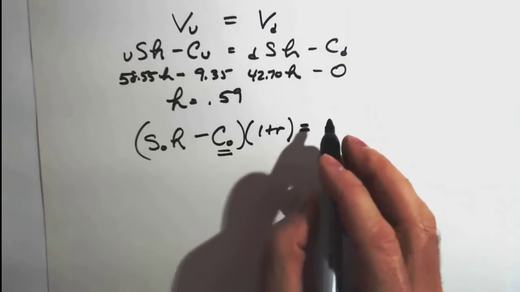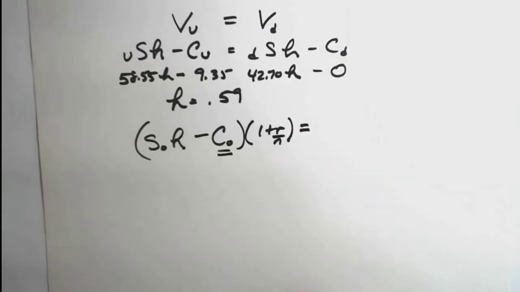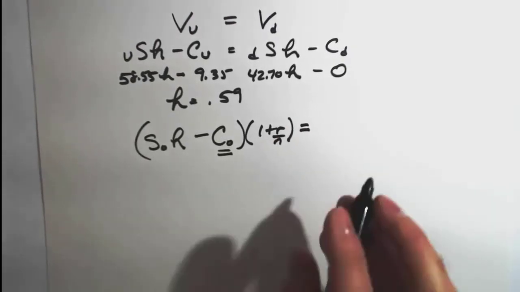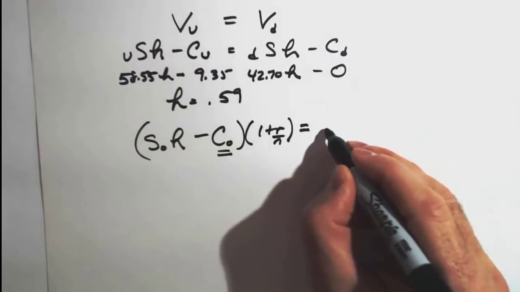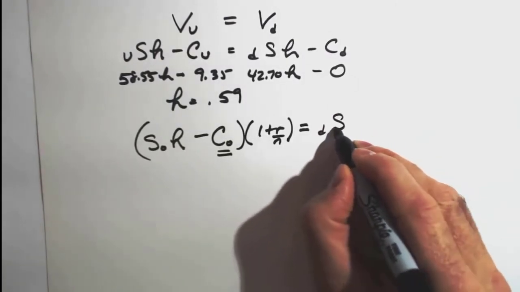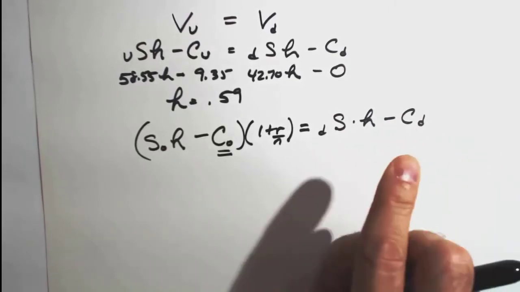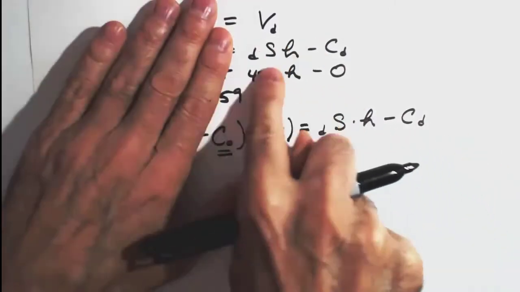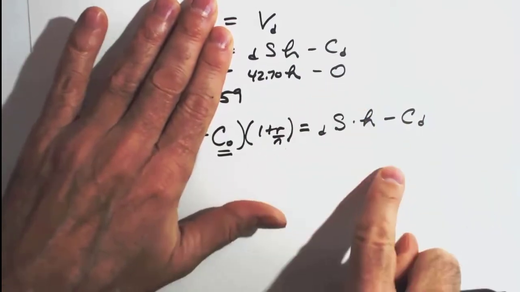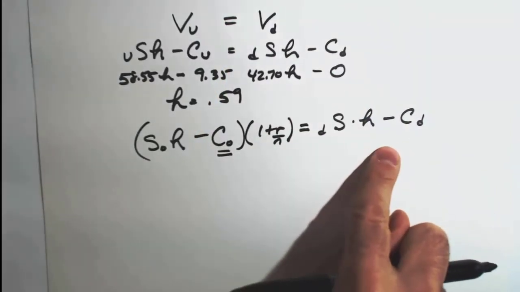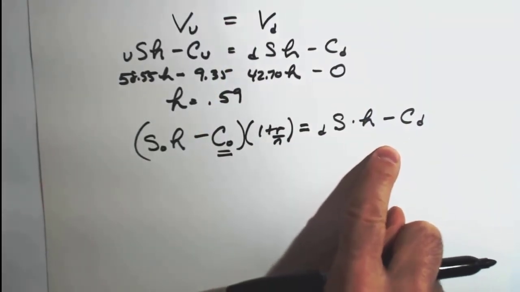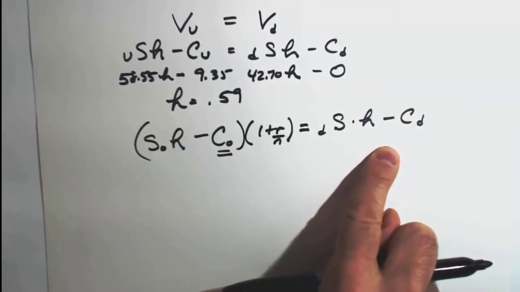And that, divided by n, don't forget, the risk-free rate divided by n, 2 steps. And that is going to equal the stock price when it goes down times H minus CD. And again, I picked this side only because I know CD is 0 and it makes the math a bit easier, a couple of less calculations.